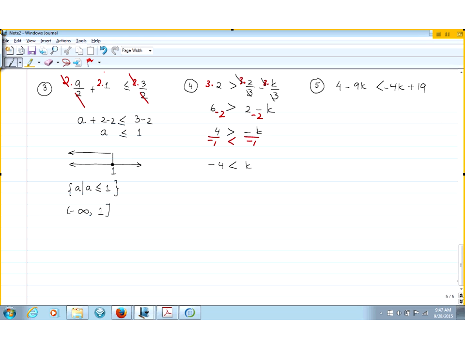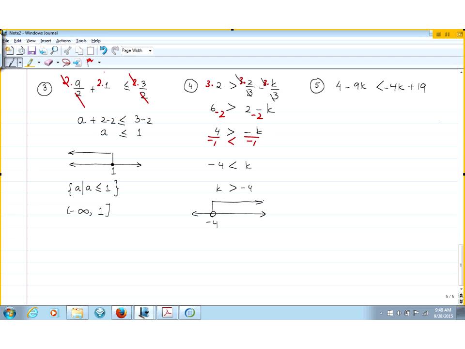Well, look at this. The k is on the right. So if negative 4 is less than k, can I say k is what? Greater than negative 4. Yeah. So I'm just using the concept that if negative 4 is less than k, it means k is greater than negative 4. Okay, so now let's graph this. I want my variable on the left, actually. Negative 4, open or closed? Open.